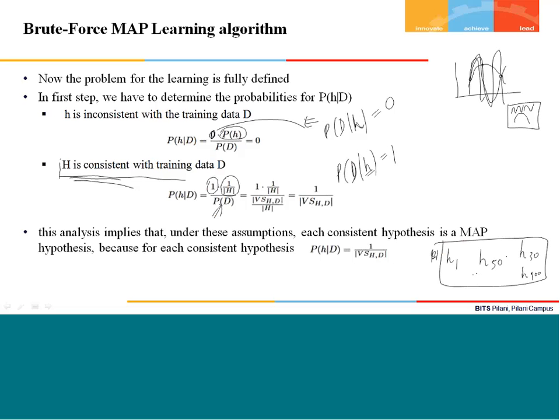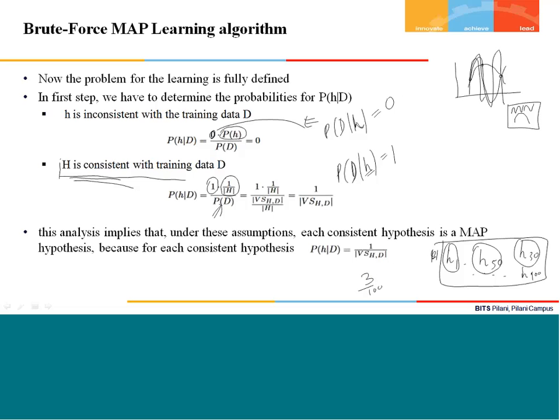So only 3 hypotheses can produce the data. What is the probability that I see the data in general, without considering the hypothesis? That is 3 by 100.